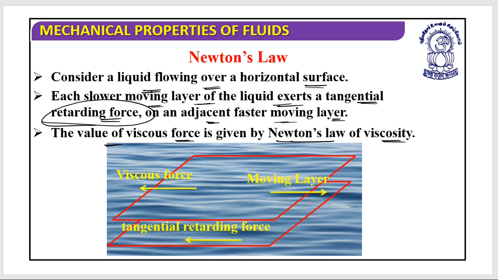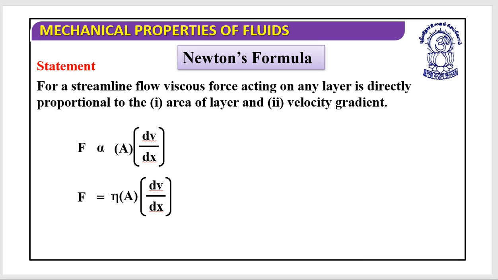So let's have a look at what Newton's law is. He said that for a streamlined flow, the viscous force acting on any layer is directly proportional to, first, the area of the layer, and second, the velocity gradient. So it depends on two terms.